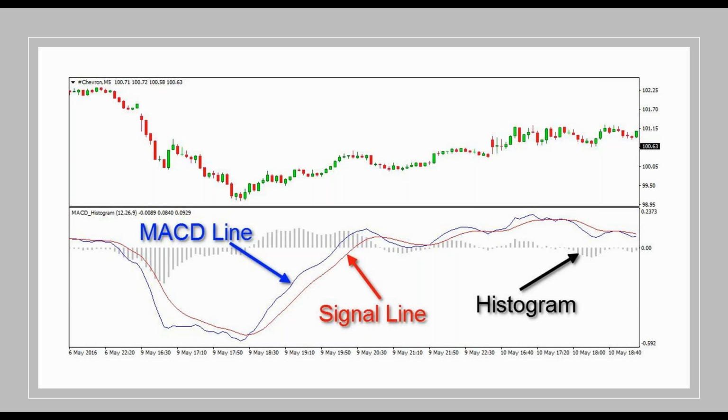So what we have to do is figure out what's called the signal line. And the signal line is the first line that is put on the technical indicator below the chart. And this line is a calculation of the difference between the 26-day and the 12-day moving average. It's simply subtracting one from the other and then plotting it on a chart below.